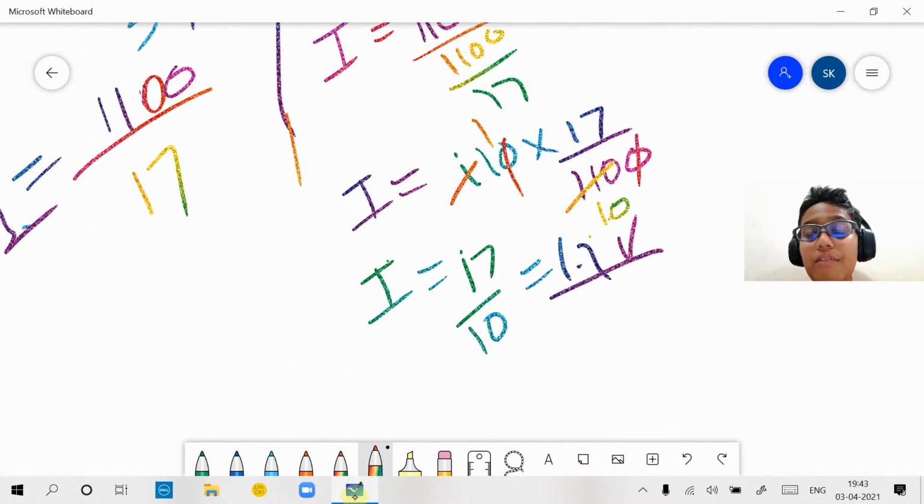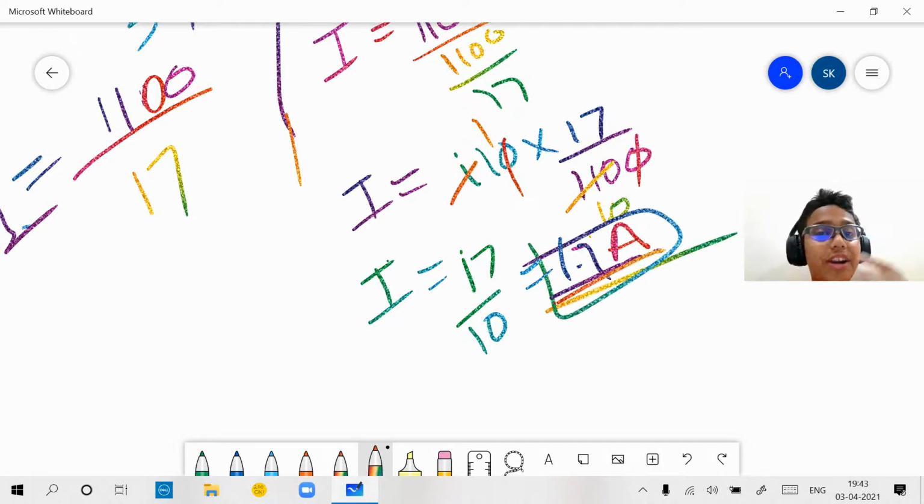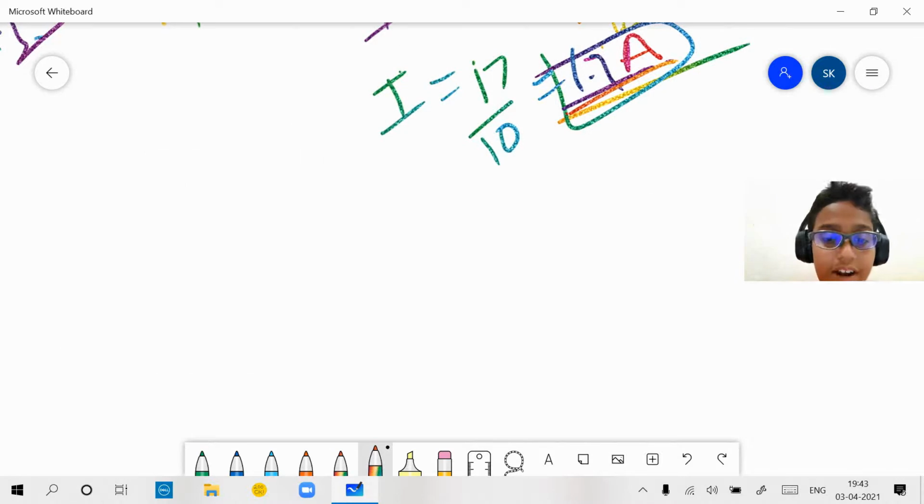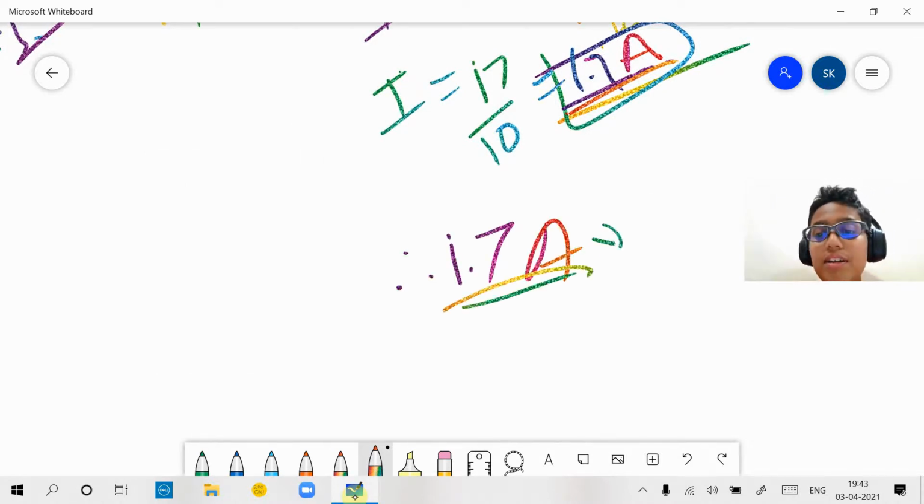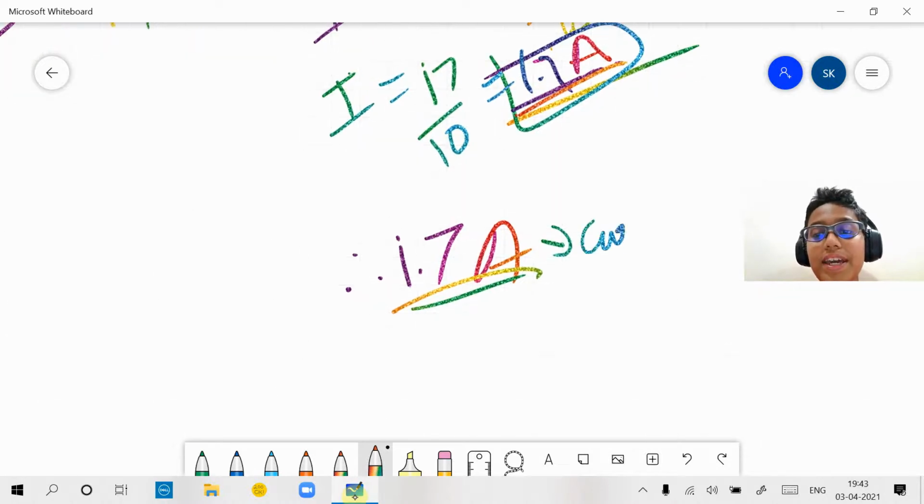So 1.7 amperes is our final answer. You can write down the current in the second case: if the voltage is 110 volts, then the answer will be 1.7 amperes. I will write it down here neatly. 1.7 amperes current will be there in the second case. So this is the answer for this question.